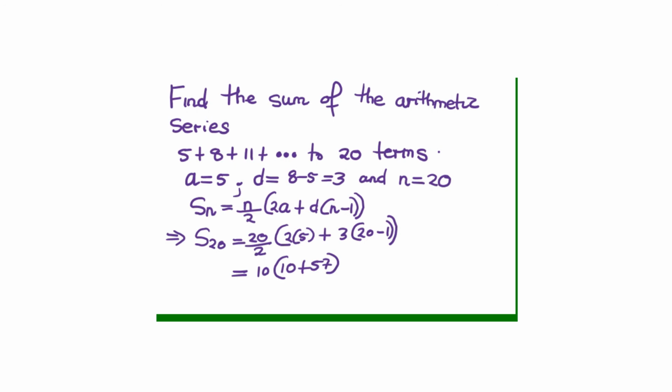Now this is equal to 57 plus 10, that's 67, times 10, which is 670. So the sum to n in this case is 670.